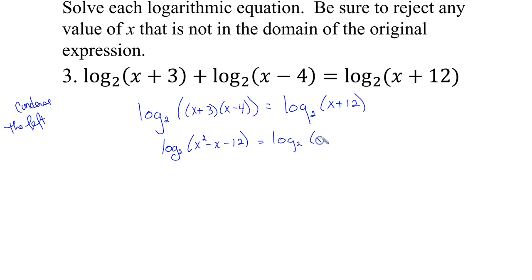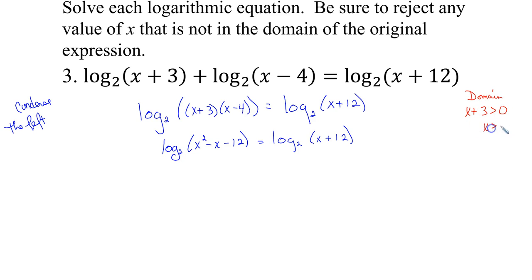Now, this is a little bit more complicated in terms of checking for our domain, but we can still do this. So let's come over here to the side and talk about the domain of these expressions. We've done something similar to this earlier in the semester, and we just have to check for the most restrictive one. So we're going to take x plus 3, set it greater than 0.